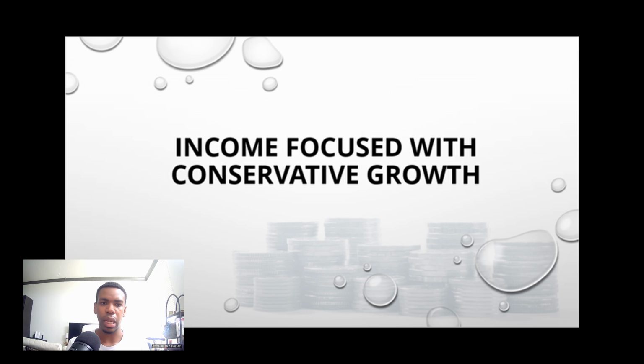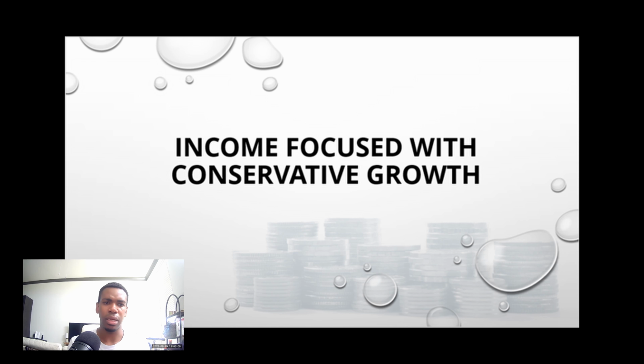Portfolios that are constructed with income as the primary focus with some expectation for capital growth can include some other asset classes that can facilitate this from the growth assets category.